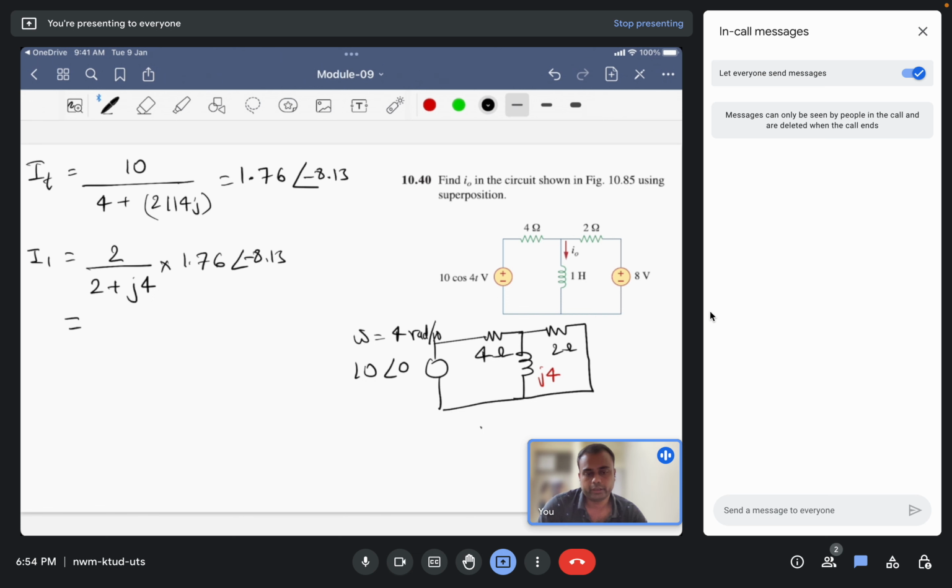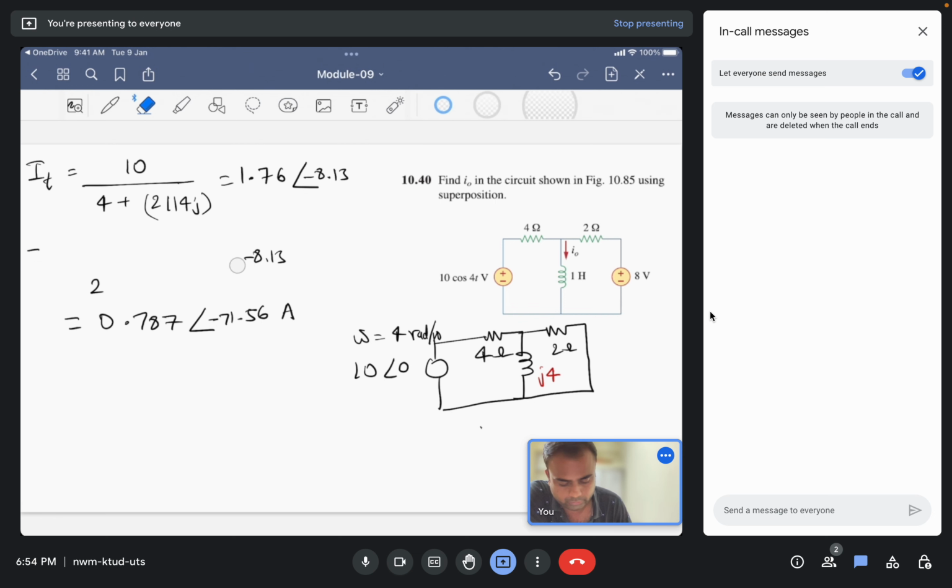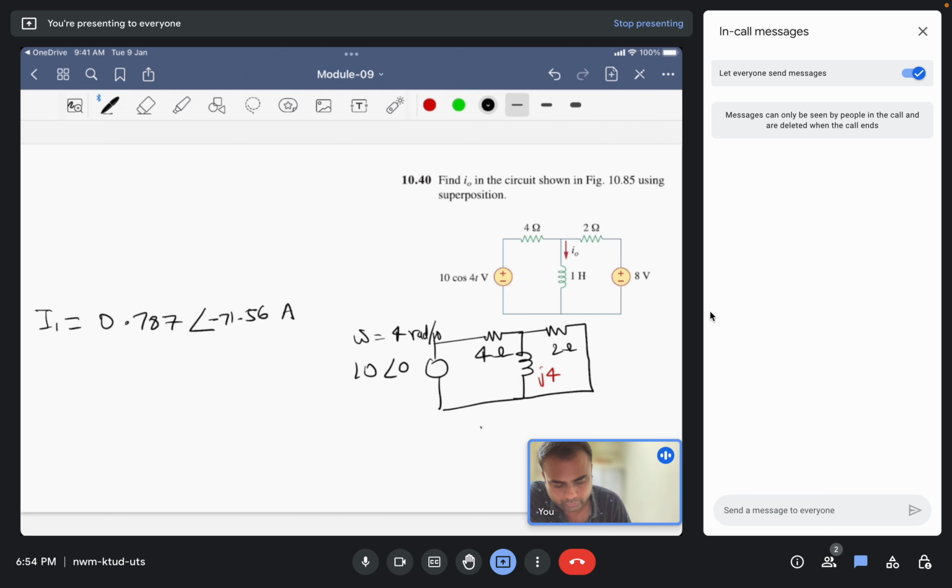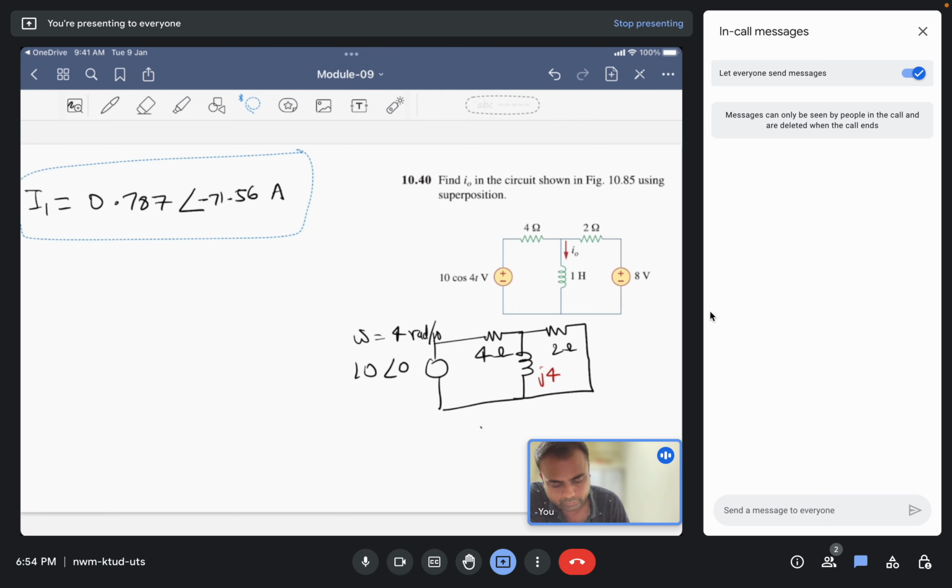That gives 0.787 angle minus 71.56 ampere. So this is I1. Similarly, I have to calculate I2 with the DC source. So now let us see with the DC supply.